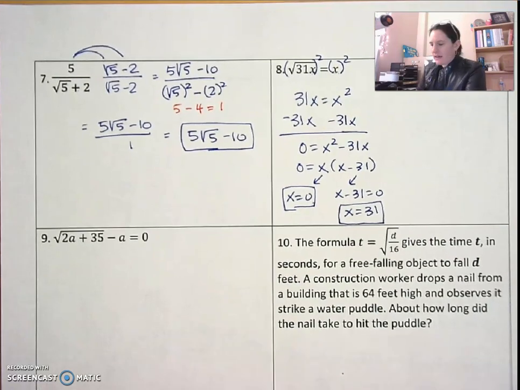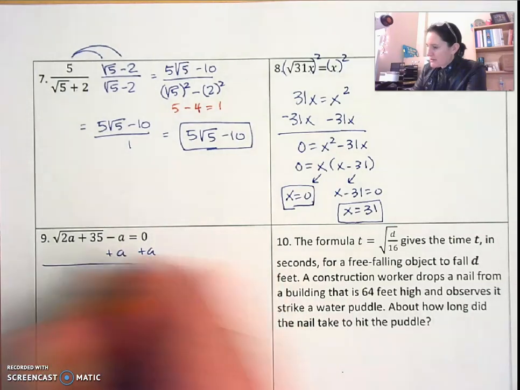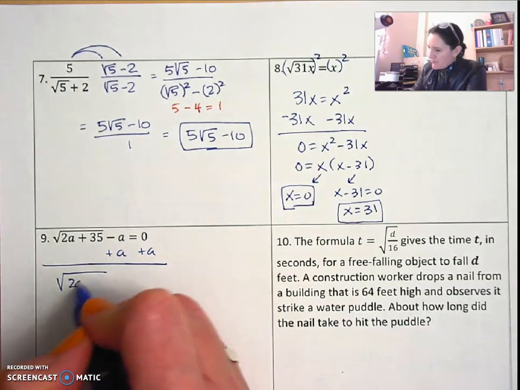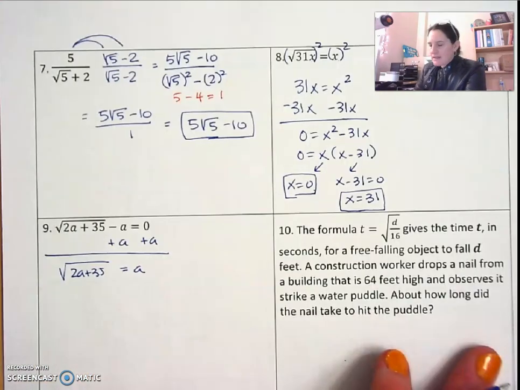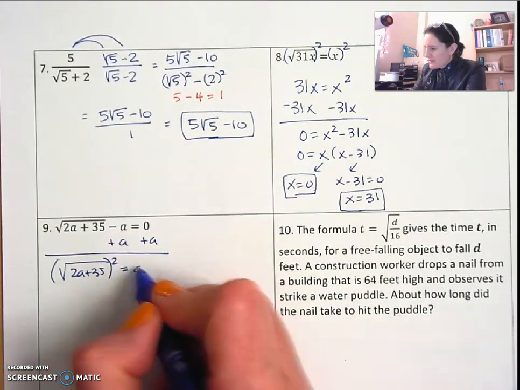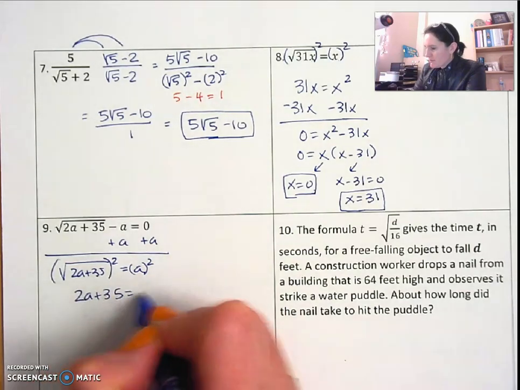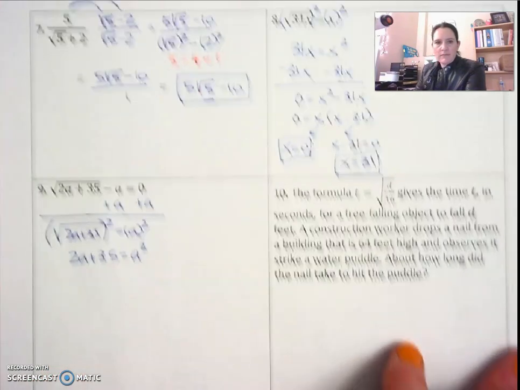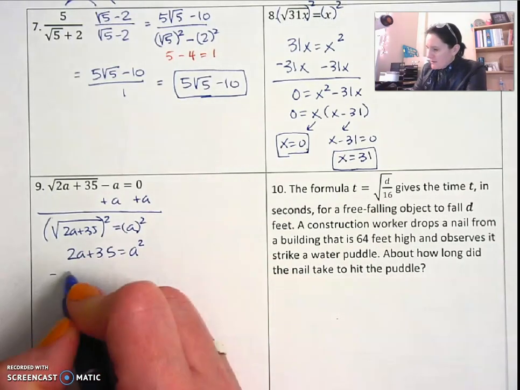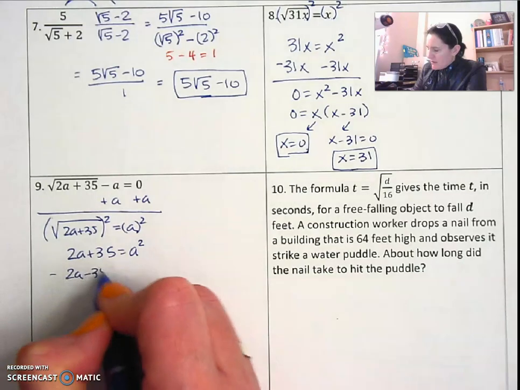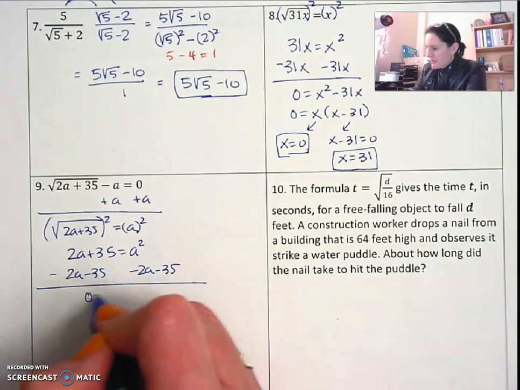On number 9, we have to isolate the radical first by adding a to both sides. Now that it's isolated, I can square both sides. Now I need to get it equal to 0, so keep the a squared on the right, and then move the stuff on the left over by doing the opposite.